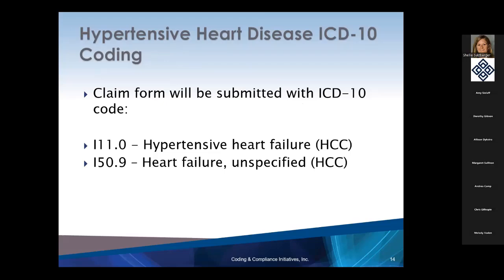The reason we want you to report to the highest level of specificity is because it describes the complexity of your patients. Also, the other reason it's really important is because sometimes those higher level of specificity, so if this said systolic heart failure or diastolic heart failure, those might have a higher risk score on the value-based care.